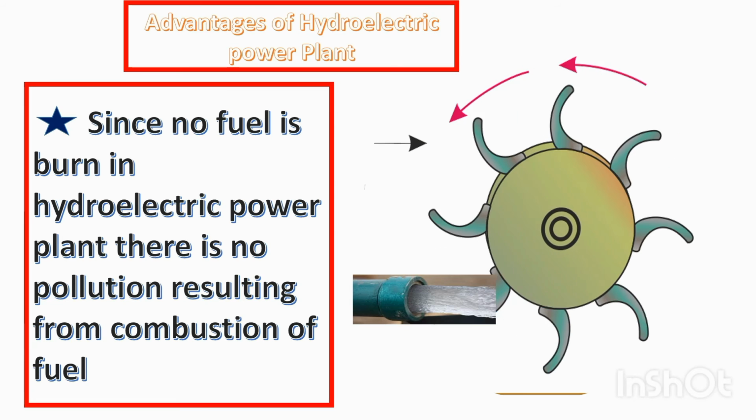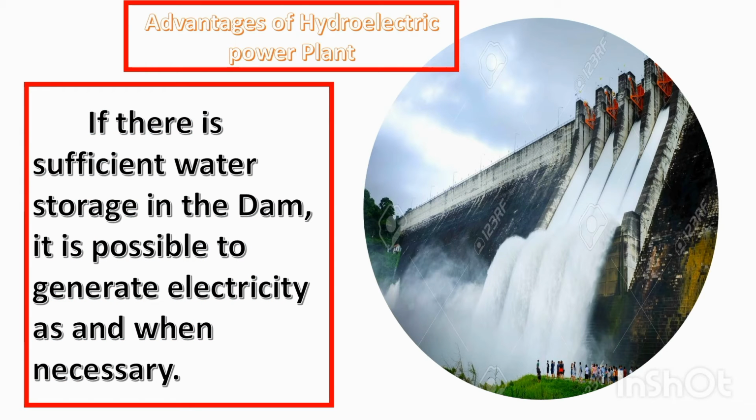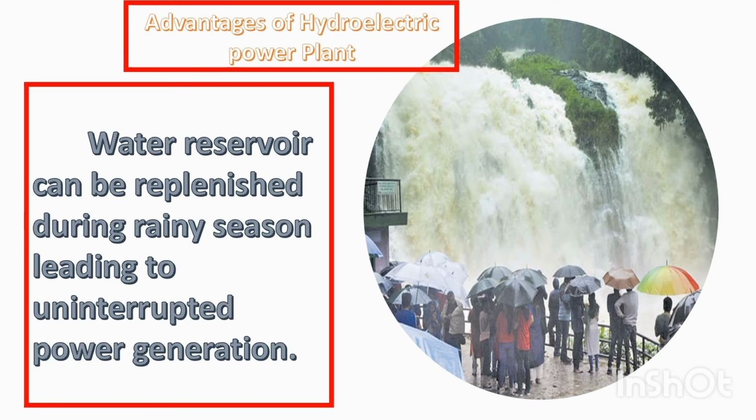Second, if there is sufficient water storage in the dam, then it is possible to generate electricity as and when necessary. Number 3, water reservoir can be replenished during rainy season, leading to uninterrupted power generation.